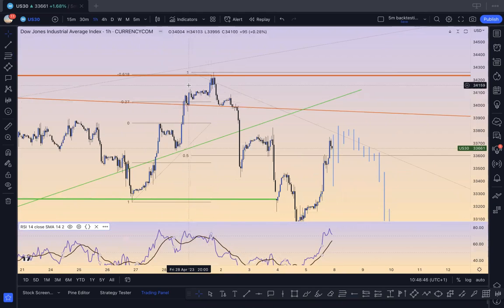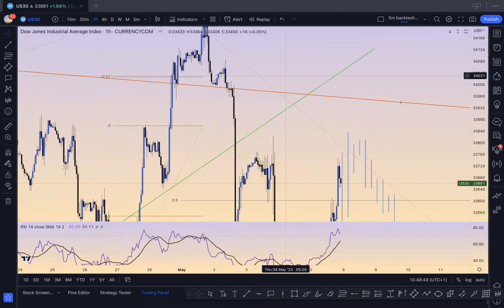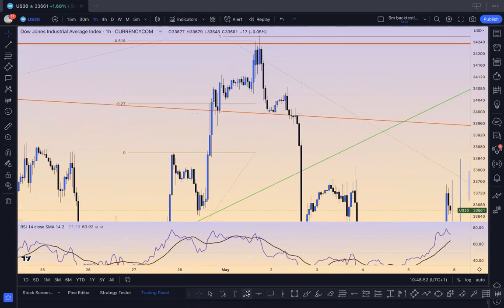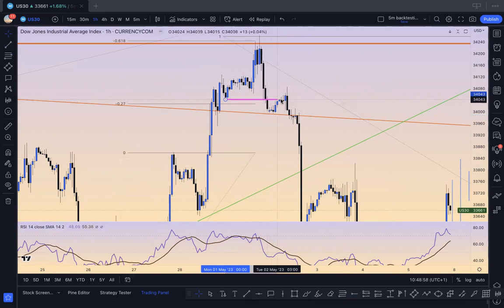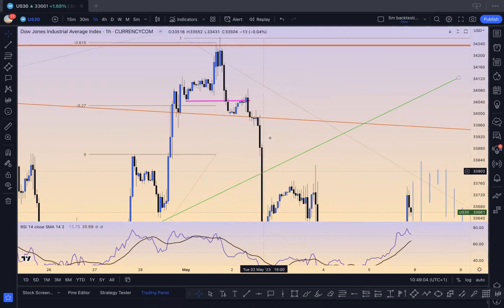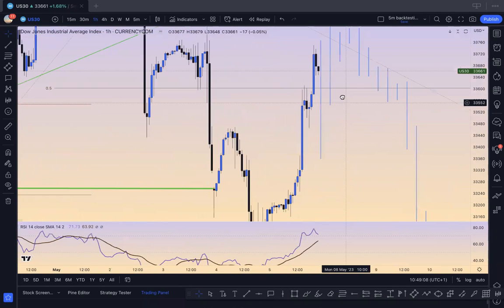And this was the low. This was the minus structure low. And this was both the retest of the low and yes. So this was the trade. This was the trade.